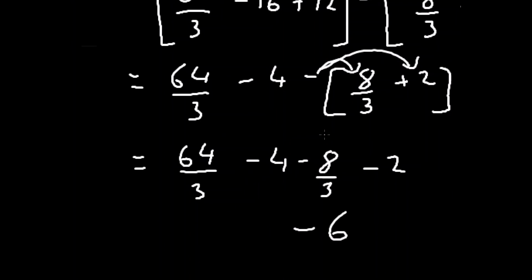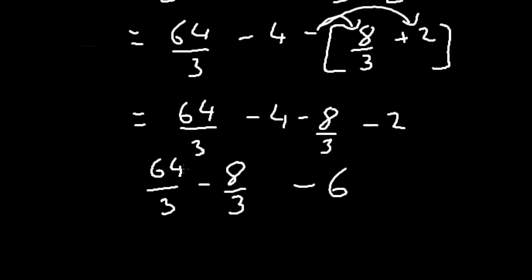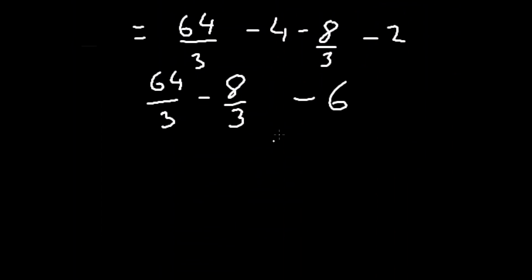But I know fractions are difficult, right? So what we can do is we can put them next to each other. And then with fractions, if they have the same denominator, then you can make them out of the same thing. It's like if you have a pizza that's cut up into 3 slices, you can say you've got 64 of those slices minus 8 of those slices.